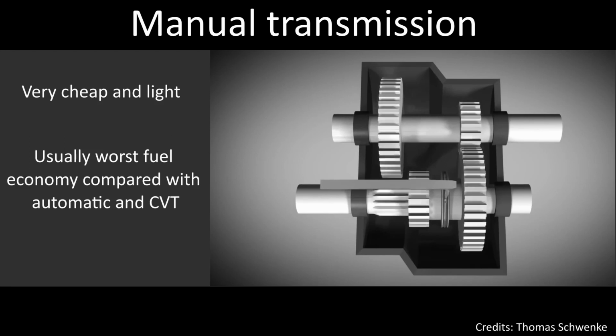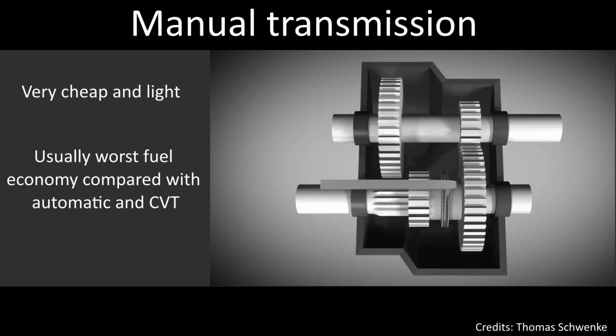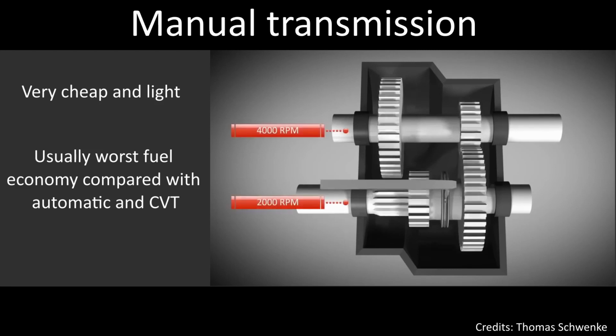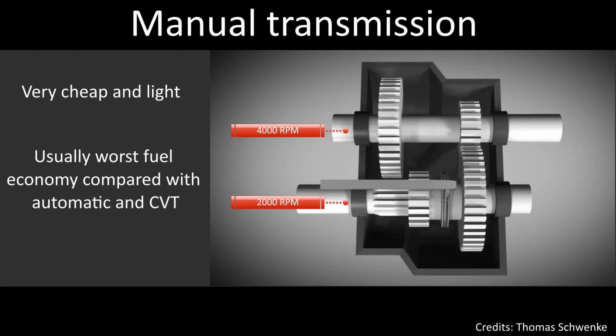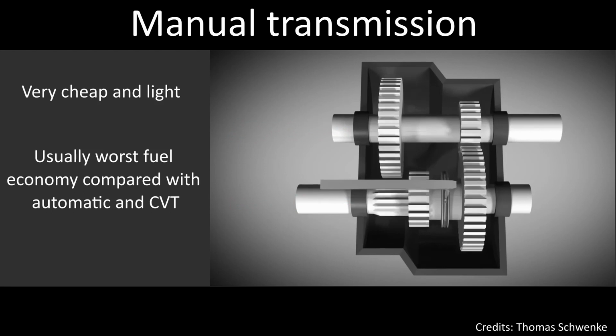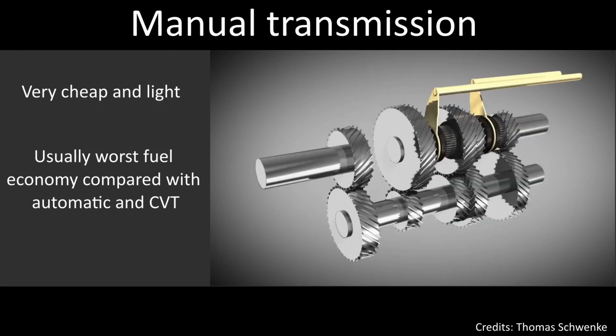The top shaft is coming from the engine crankshaft and it's rotating at about 4000 rpm. Meanwhile, the bottom one is rotating at about 2000 rpm thanks to the gears in the transmission. You have to consider that the flywheel is attached to the engine's crankshaft and so rotating at engine speed.